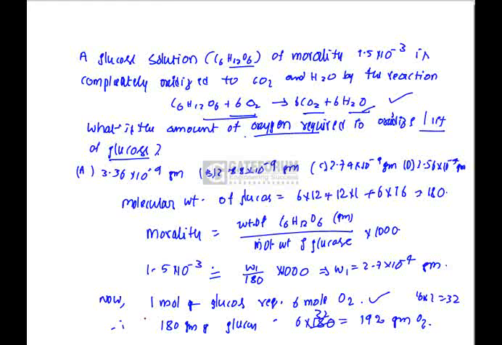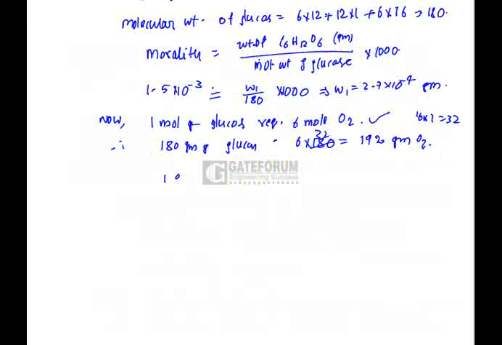So 1 gram of glucose requires 192 by 180 grams of oxygen.